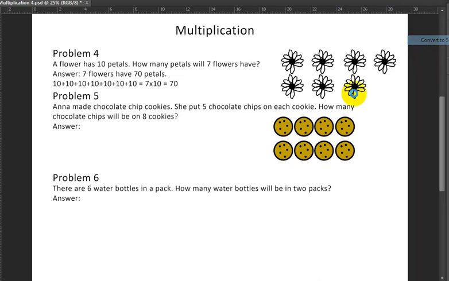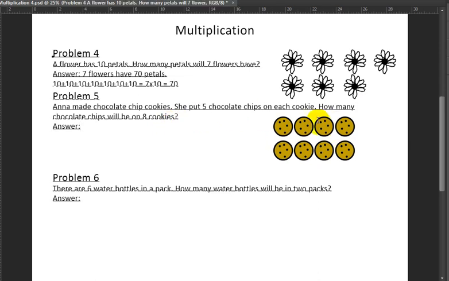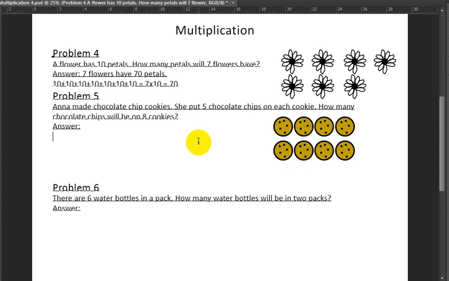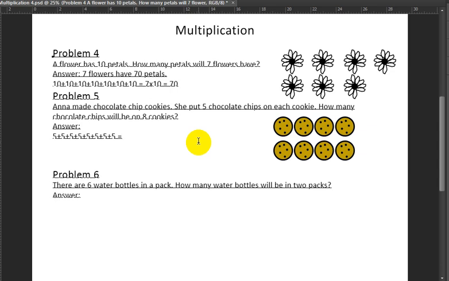And we're being asked, how many chocolate chips will be on all of them? Well, that's going to be 5 and 5 and 5 and 5 and 5 and 5 and 5 and 5. It's going to be 8 fives. So 5 and 5 and 5 and 5, that's 4, 5, 6, 7, 8 fives. If I wanted to write that as a multiplication, that would be 8 times 5 because it's 8 fives. So here we have a multiplication with 5 in it.